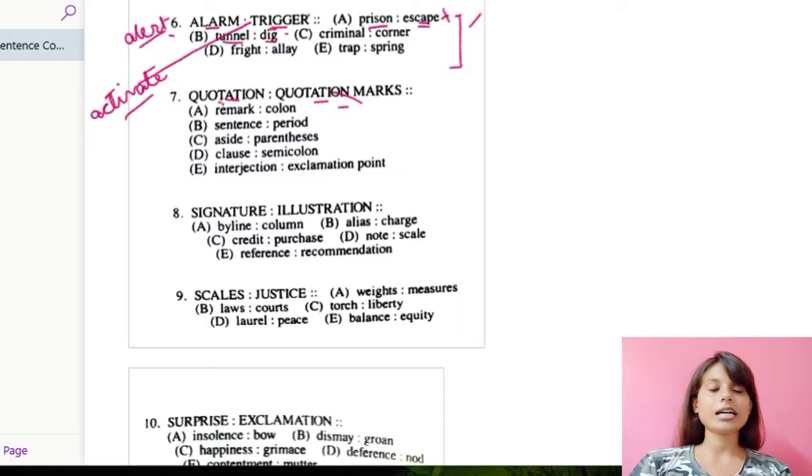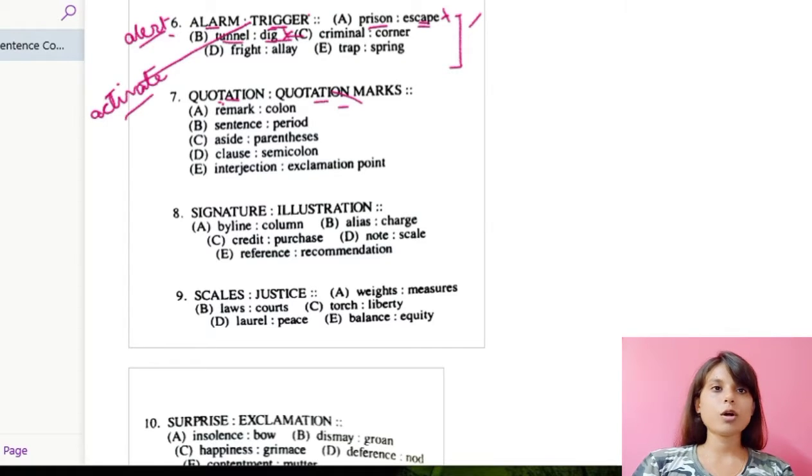So tunnel and dig, it won't go. It's not activating anything, or it's not talking about any starting. Like in alarm, it's talking about the starting or the activation of someone. Here, tunnel and dig is not making any sense, so I'm striking it out.